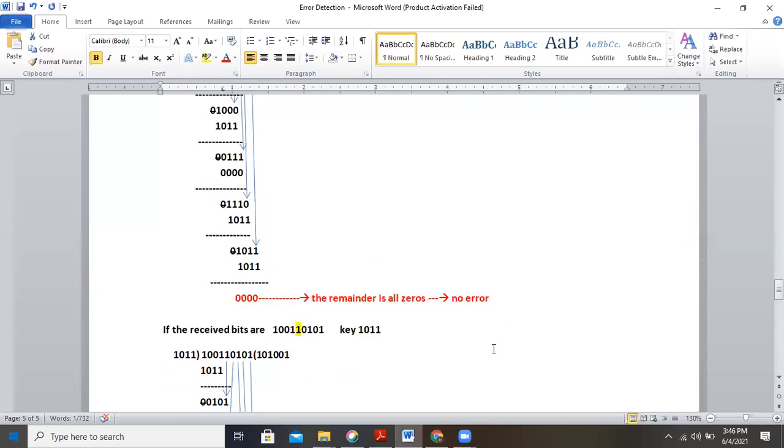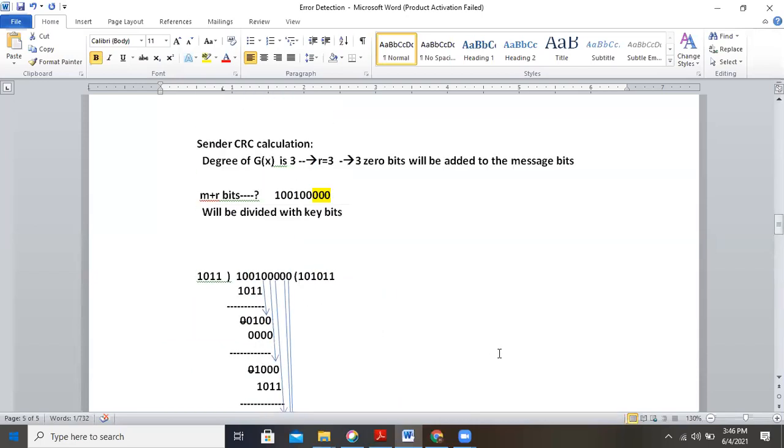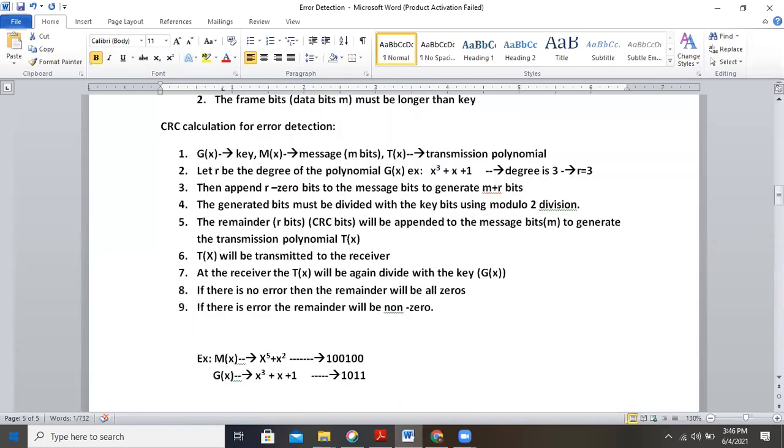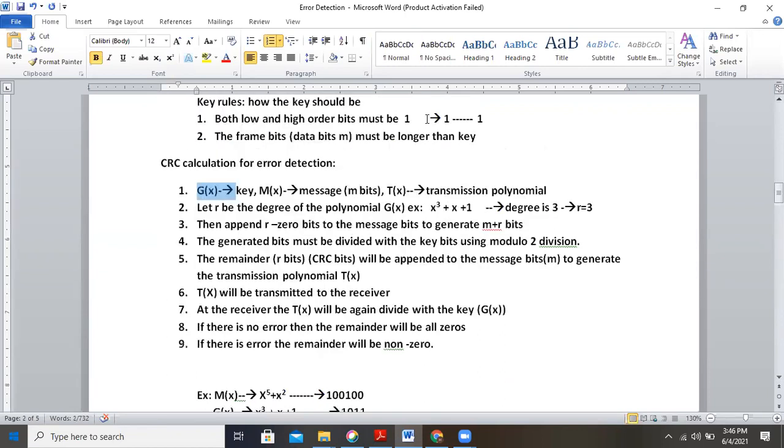Very simple operation. So what are the steps? The steps are very easy. We have to take a key. The key must follow 2 rules. It should start and end with 1. It should have fewer bits than the message. The message should be greater than the key size.